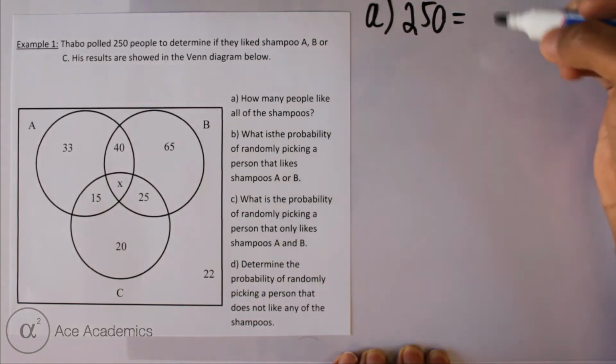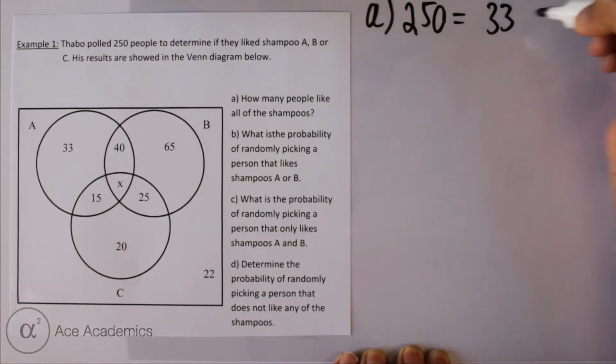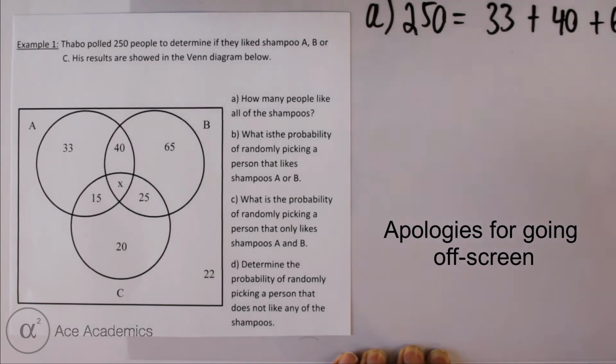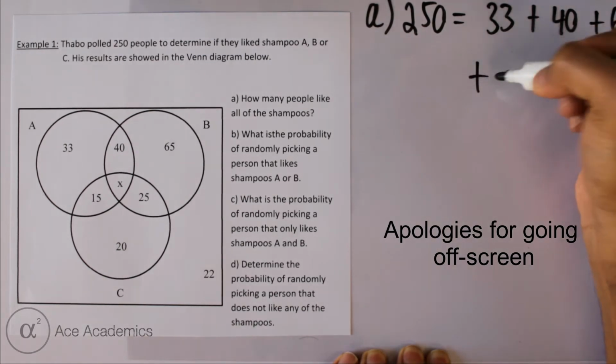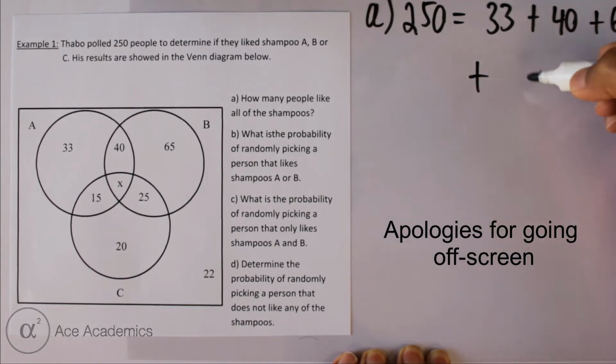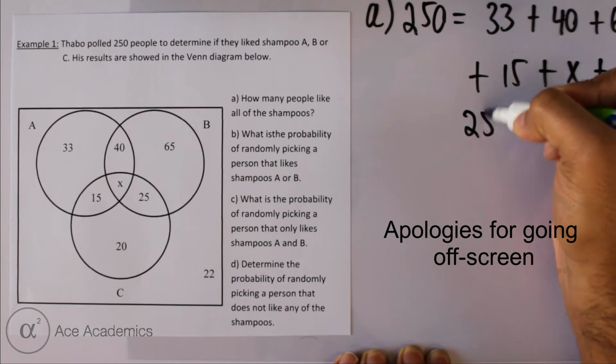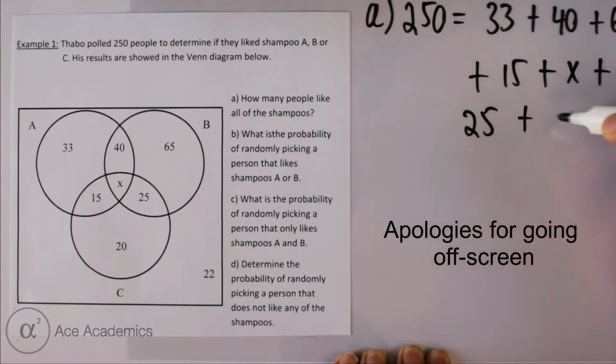So 250 is equal to 33 plus 40 plus 65 plus 15 plus X plus 25 plus 20 plus 22.